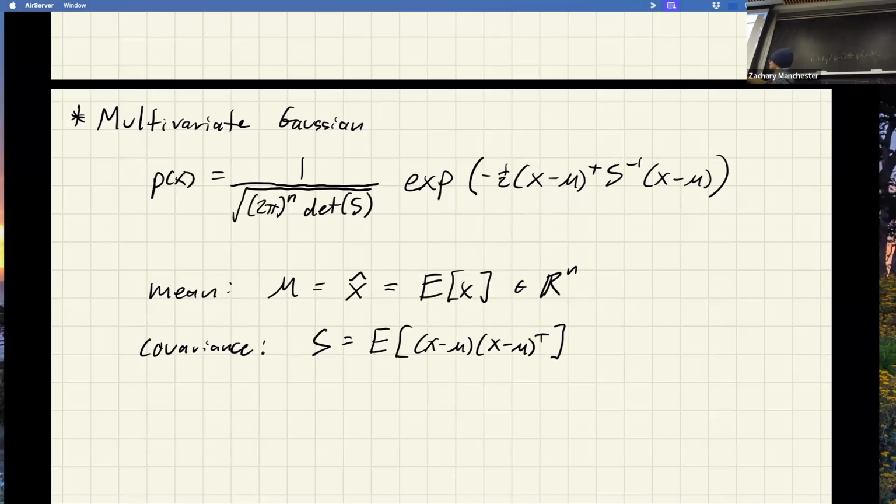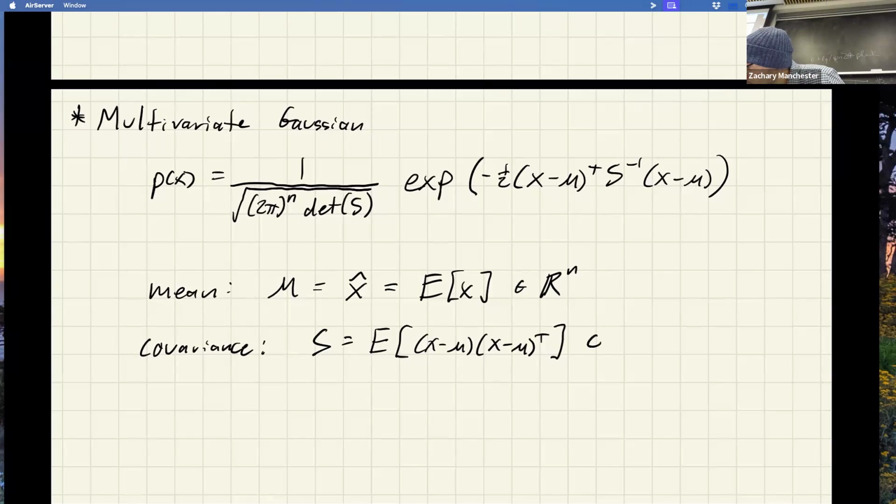And then what this is really trying to measure is the spread of the distribution. Basically, the multi-dimensional generalization of the standard deviation, the variance. In particular, this is a matrix, and what it is trying to do is just capture the variance in all directions. That's kind of the idea.